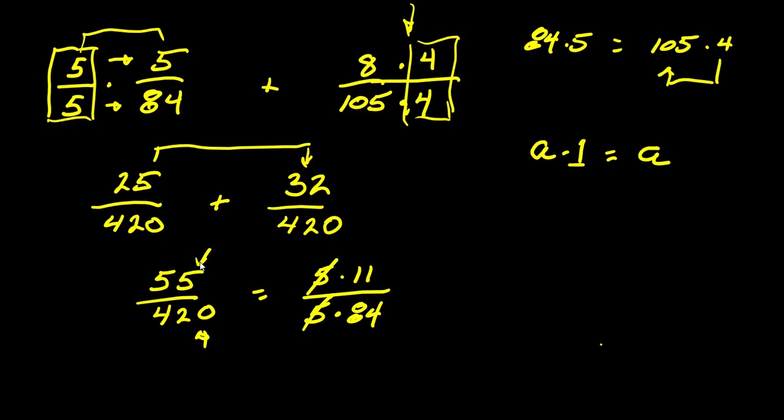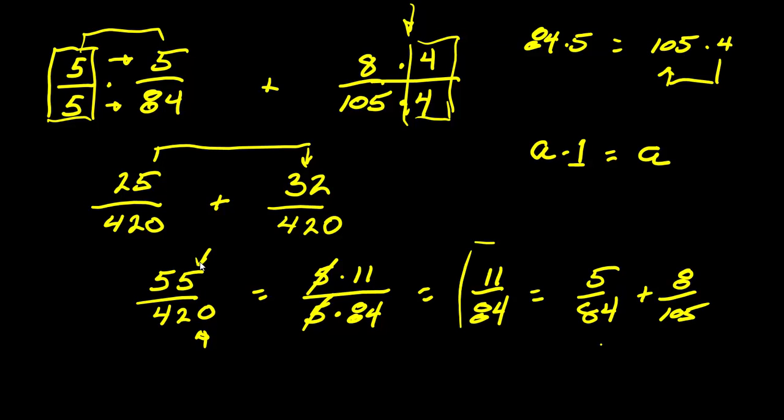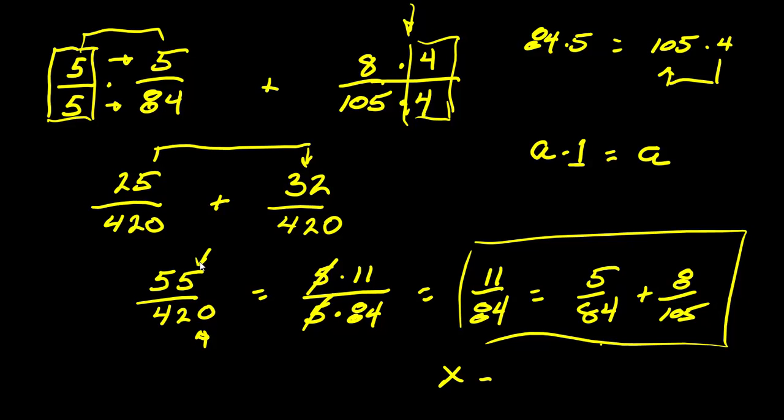Those 5s divide out, and ultimately I'm left with 11 84ths equals 5 84ths plus 8 105ths. And if I go back into the equation, I would write this: x equals 11 over 84ths. Okay, so that's it.